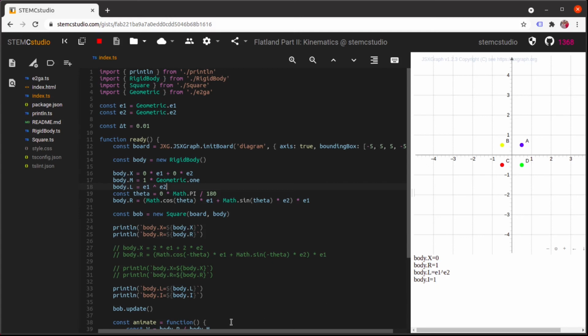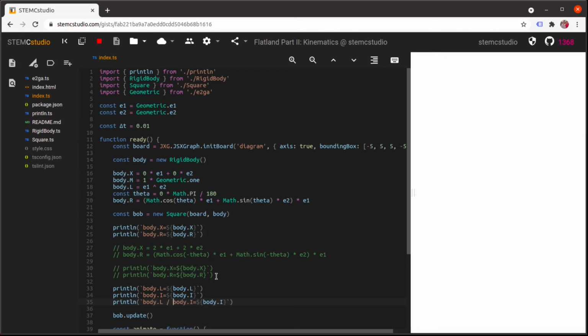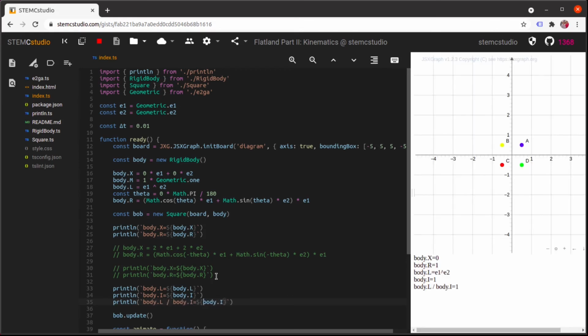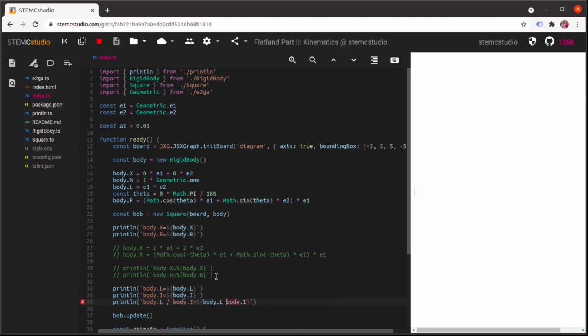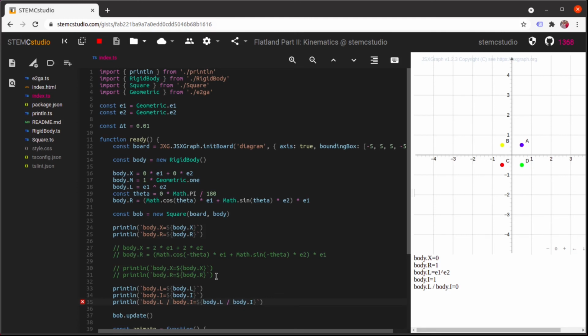The moment of inertia is 1, and we should be able to do division of our angular momentum by the moment of inertia. I'm obviously doing this because I suspect that we haven't implemented it in our geometric algebra. So there we go. If you divide the angular momentum by the moment of inertia, which is 1, we're currently getting 0, and that should just be E1 wedge E2.